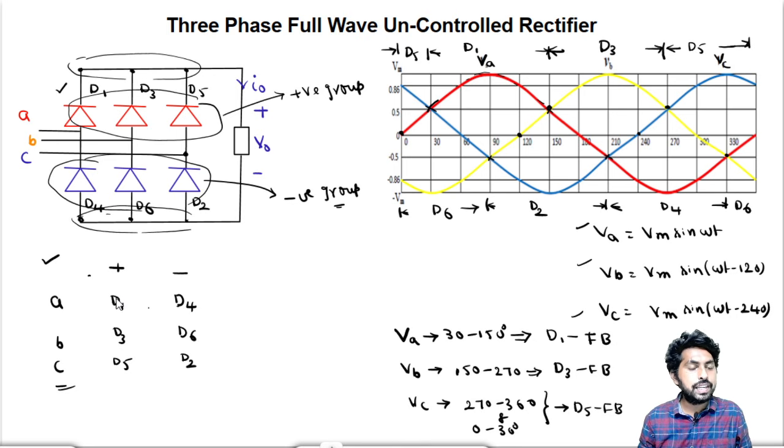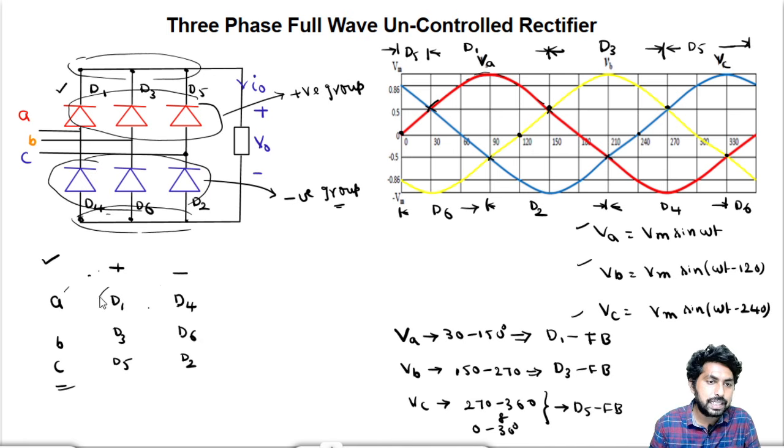When D1 is on, A phase is connected to the positive of the output voltage, and when D4 is on, A phase is connected to the negative of the output voltage. So these three are the positive group of devices and these three are the negative group of devices.